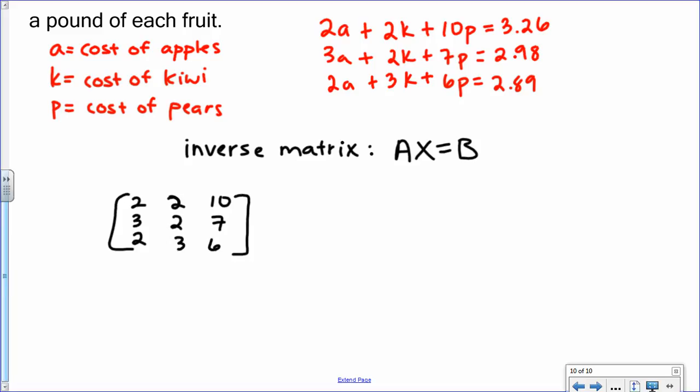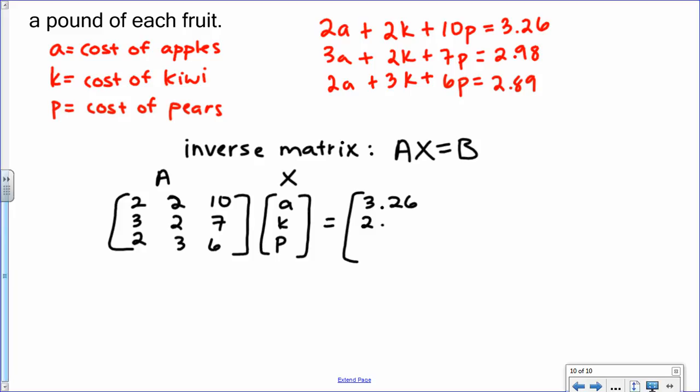Okay, so that's matrix A. Matrix X is my variable matrix, so A, K, and P. Equals B, my answer matrix, so 326, 298, and 289.